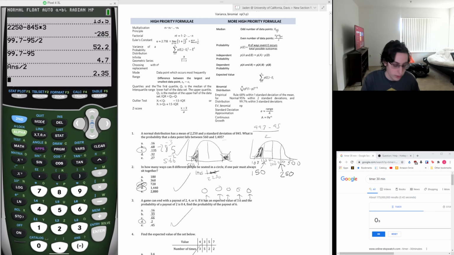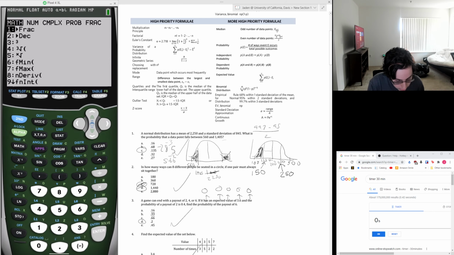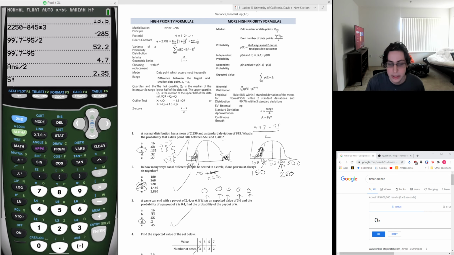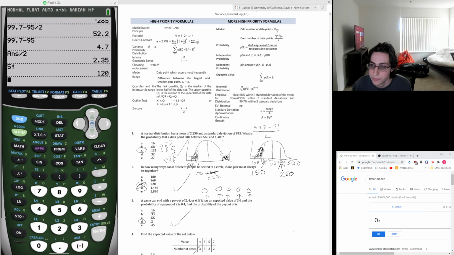On the calculator, you type 5, then go math, probability, down to that little exclamation sign, 5 factorial. Factorial basically is repeated multiplication. So it's like 5 times 4 times 3 times 2 times 1. 8 factorial is 8 times 7 times 6, and so on. You get the idea. So if we had 8 people sitting in a line, the first thing that you would want to jump to is 8 factorial.